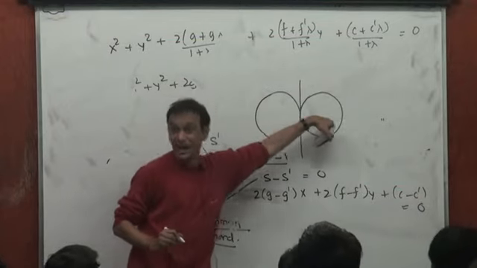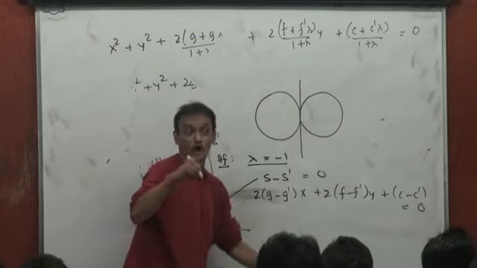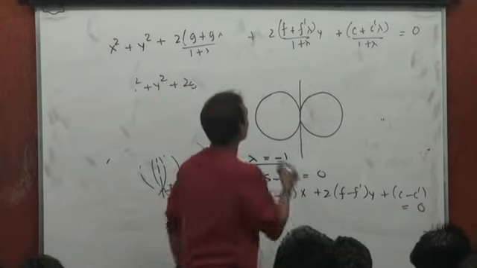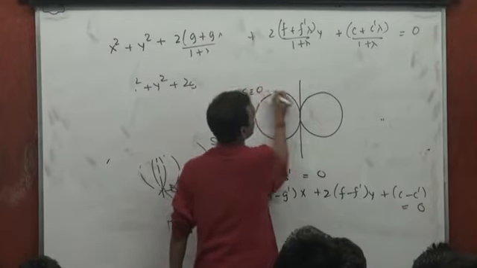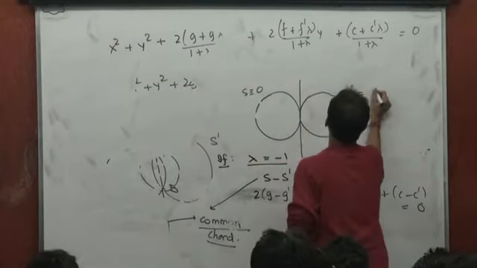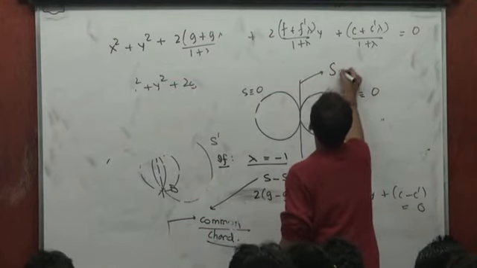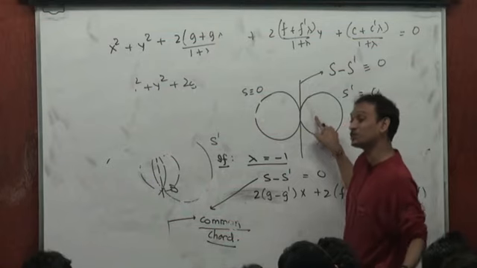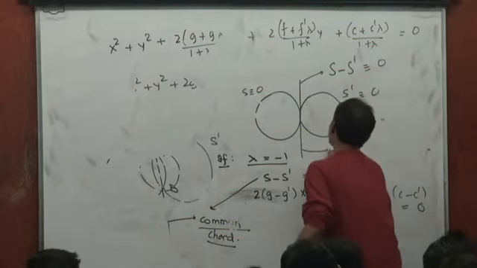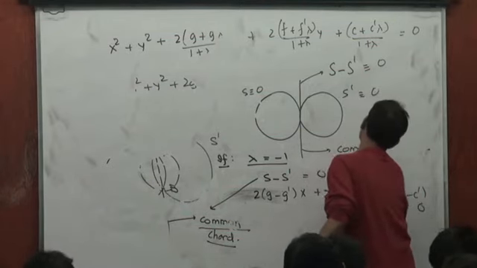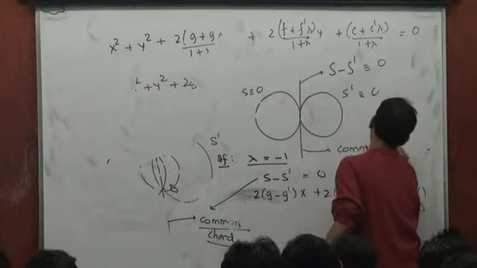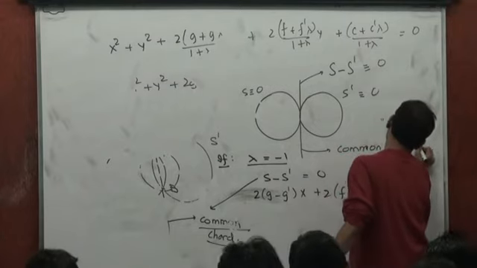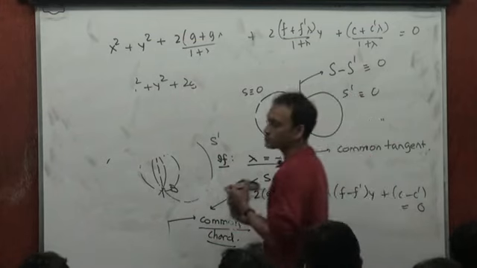So S minus S prime equal to 0 for two fixed circles touching each other will represent the common tangent, because now the common tangent is synonymous with the common chord.